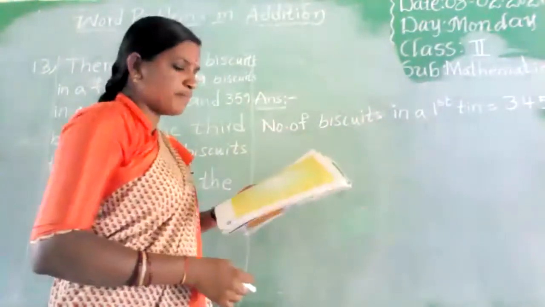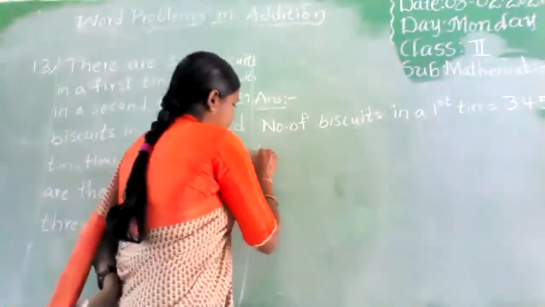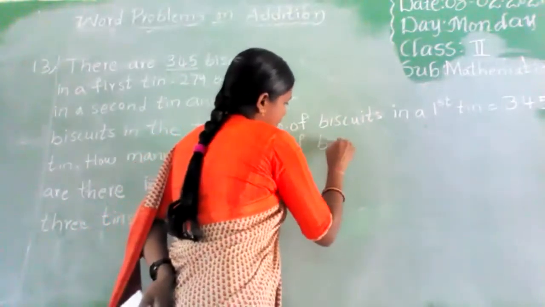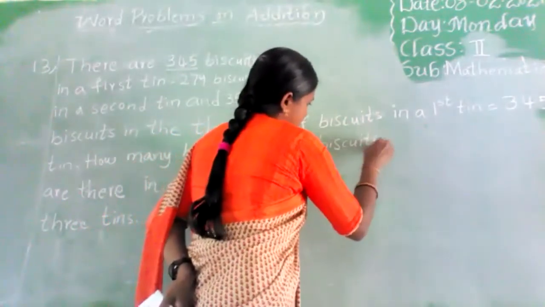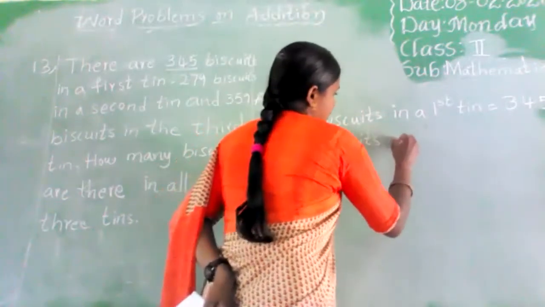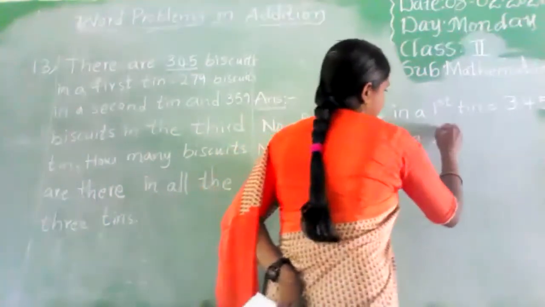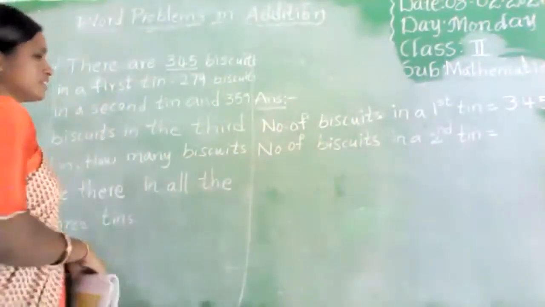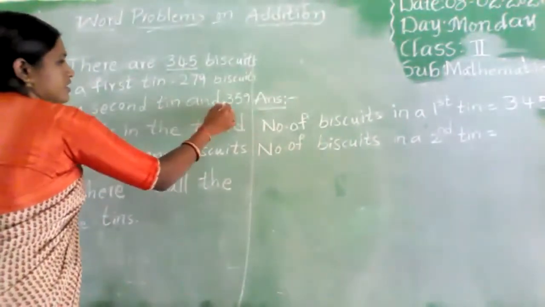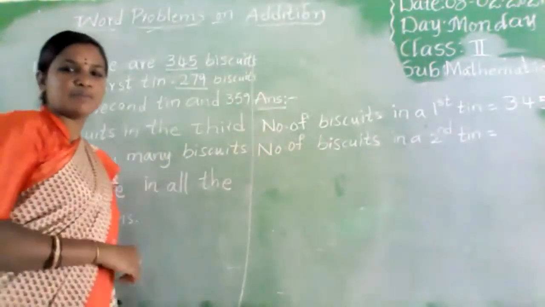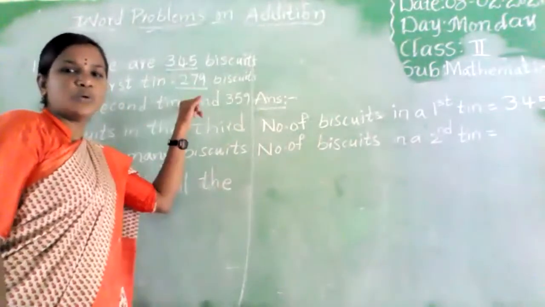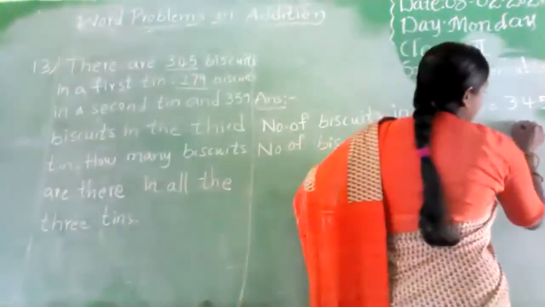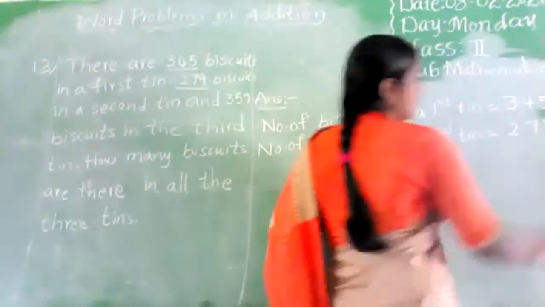Next, number of biscuits in the second tin: 279. Next.